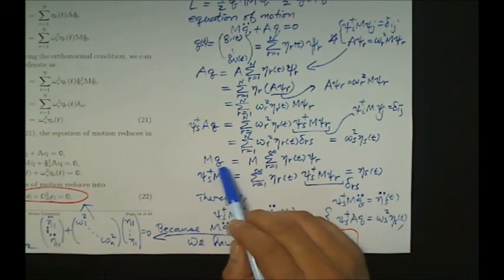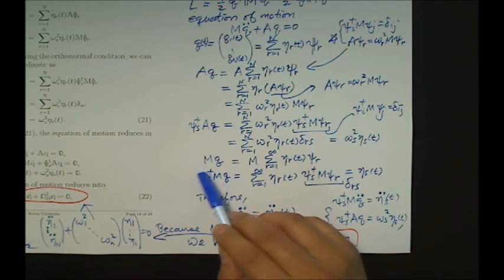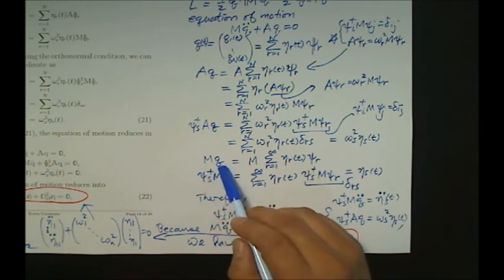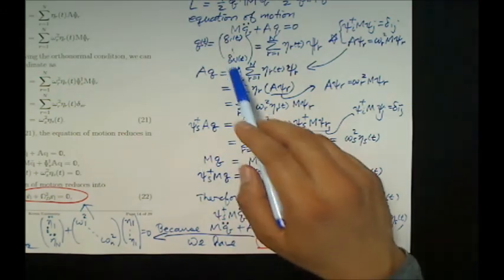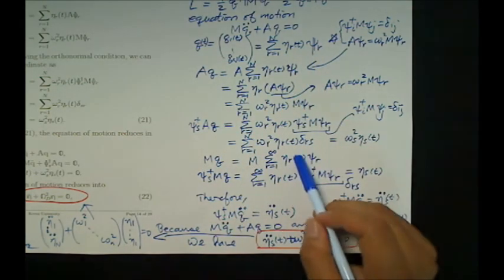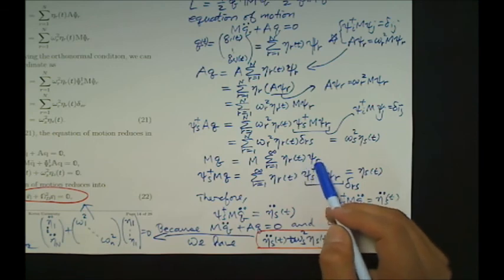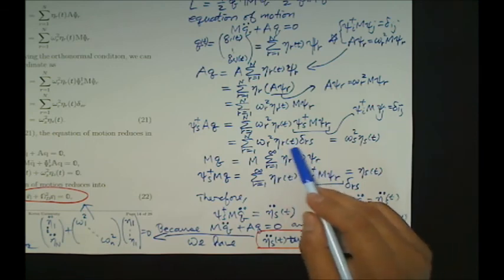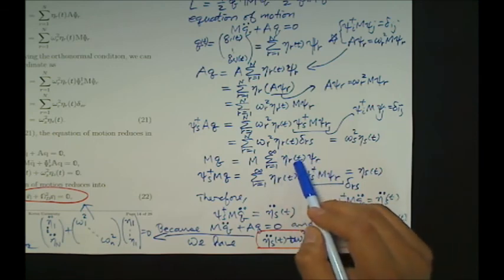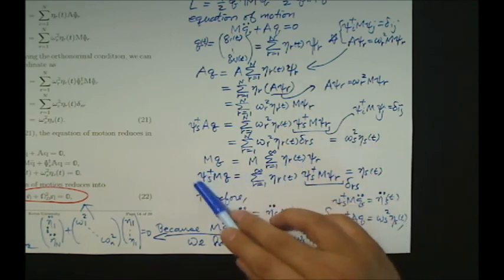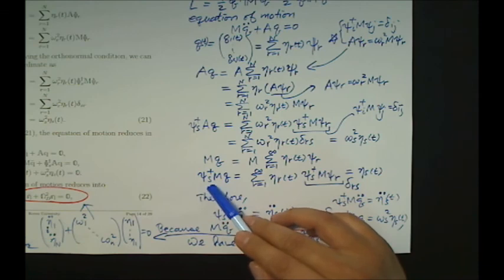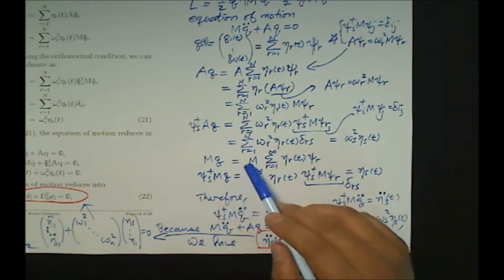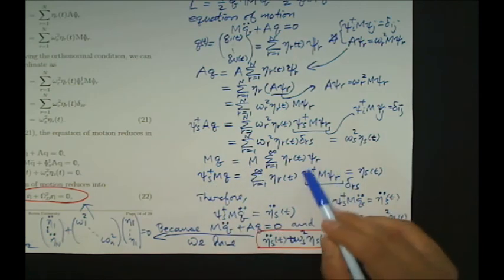What happens if I multiply the Hermitian conjugate of the eigenvector to MQ? Q is expanded in this way, in terms of eigenvectors whose components are normal coordinates. Then we multiply by the eigenvector Hermitian conjugate, and the result is the Kronecker delta.